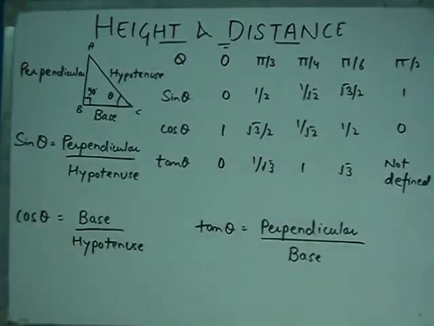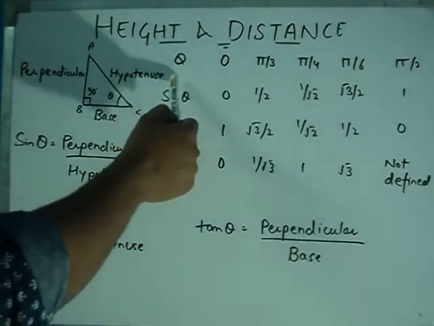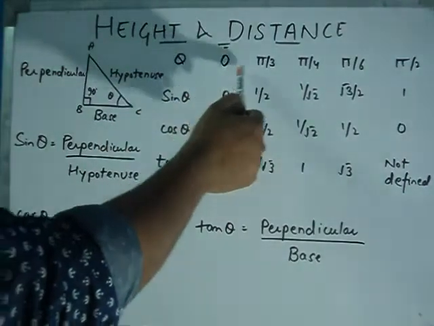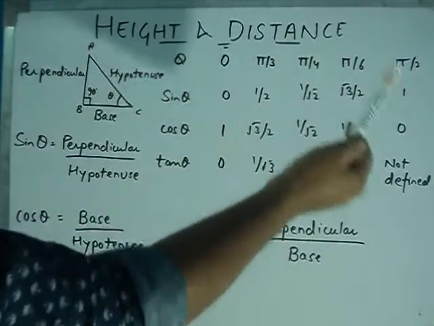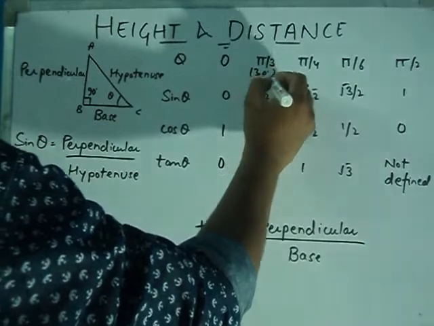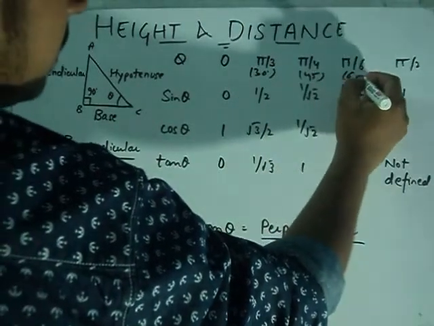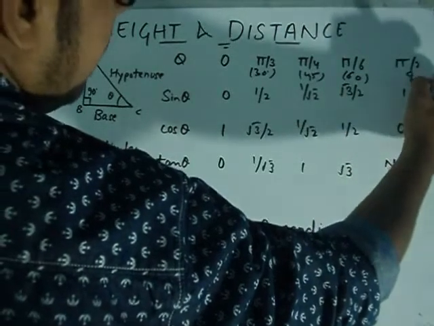For that, we have to memorize some basic concepts of trigonometry, which we write here, or you can look at our trigonometric basics video. So let's recall. Suppose we have theta and various values of theta like 0, pi by 6, which equals 30 degrees, or pi by 4, 45 degrees, pi by 3, 60 degrees and 90 degrees.